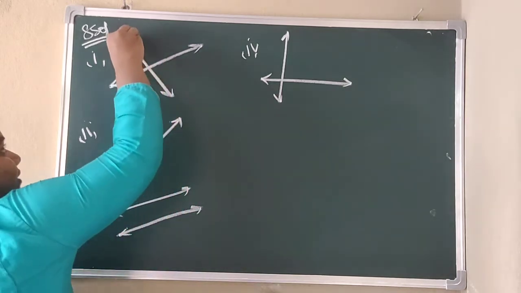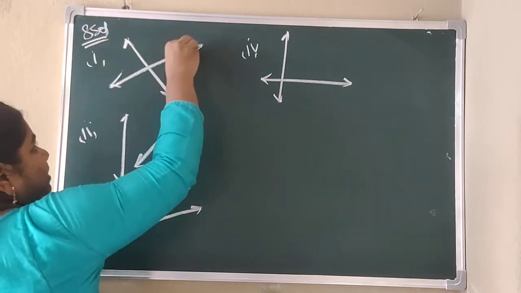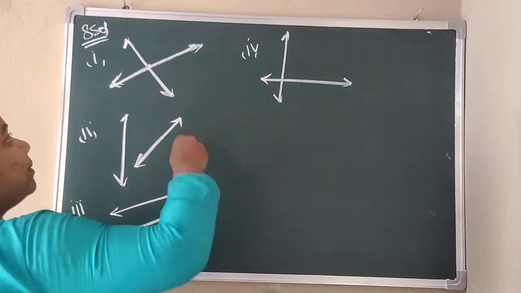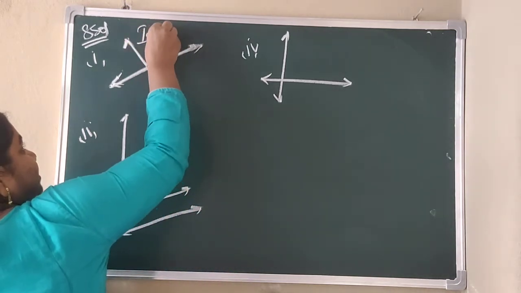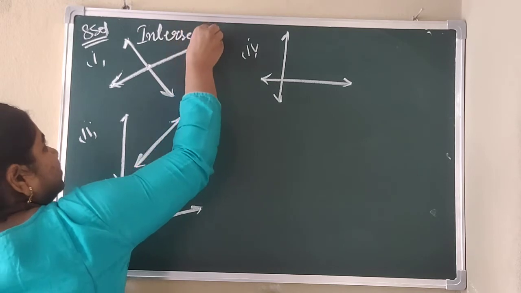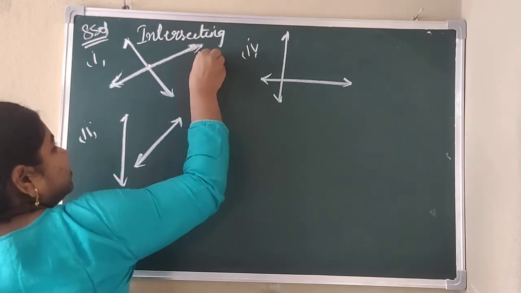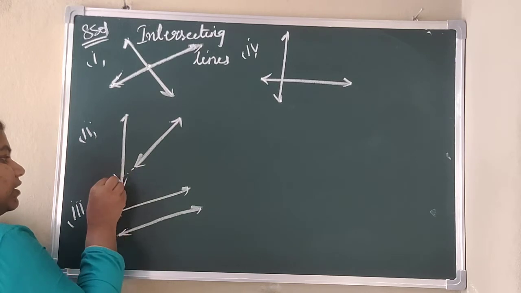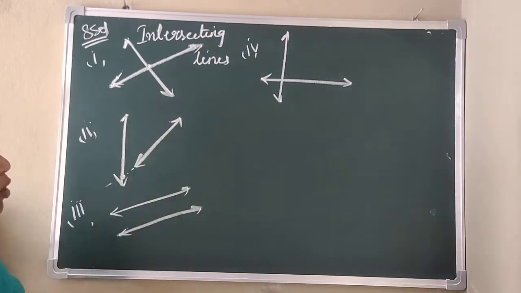So if you take this line and this line, it is having one common intersection point, so we can call them as intersecting lines. Okay, so if you see this one, already I told you that lines will be going on extending. So if I extend this, it will be meeting at some point here.